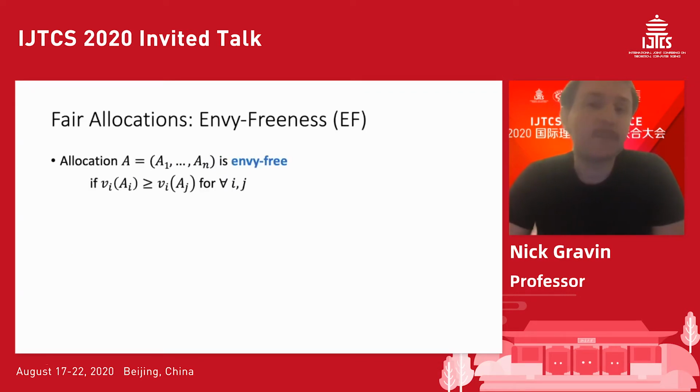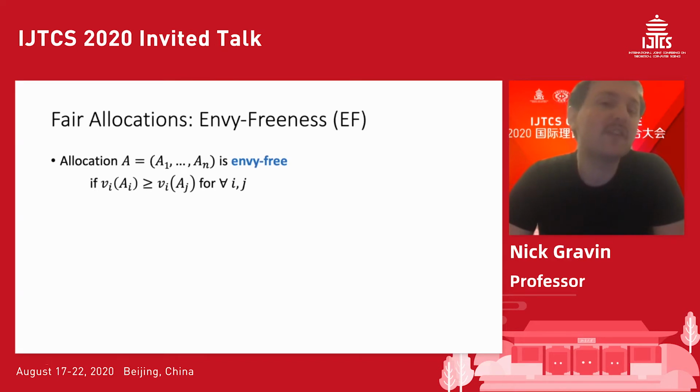One of the very appealing fairness concepts and properties is the so-called envy-freeness. If you have an allocation A, let's say we have bundles, sets A1 through An, it is called envy-free if agent i values his set, the set he gets in this allocation, at least as high as any other set in the partition.